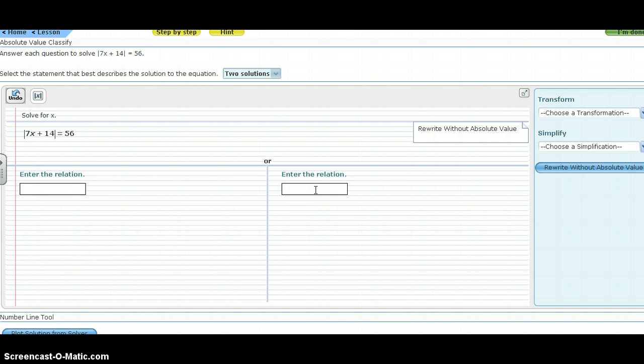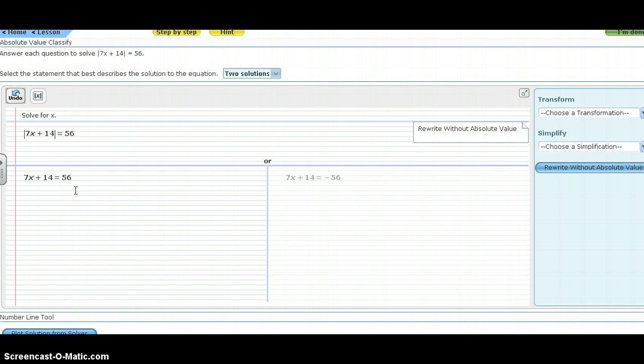We want to solve one that says 7x plus 14 equals negative 56. And then the other one we want to solve regular, 7x plus 14 equals 56.